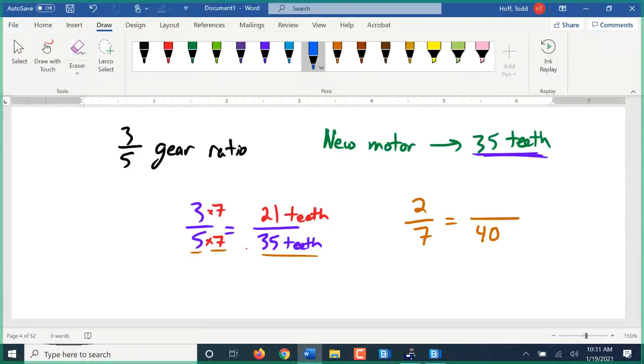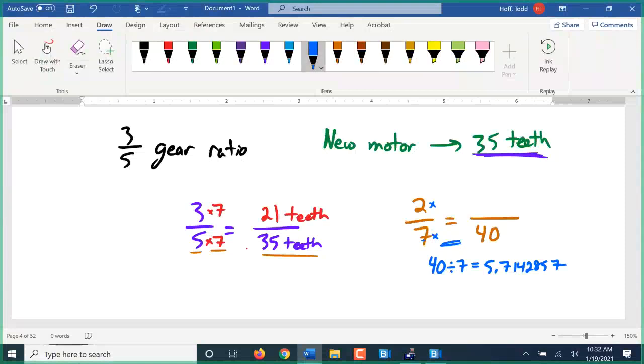That's going to be kind of tricky to do. What we can do to find that is work backwards. We can do 40 divided by 7, which is 5.7142. That was what we would multiply the 7 by to turn it into a 40. That number, 5.714, is what we're going to multiply the top by.